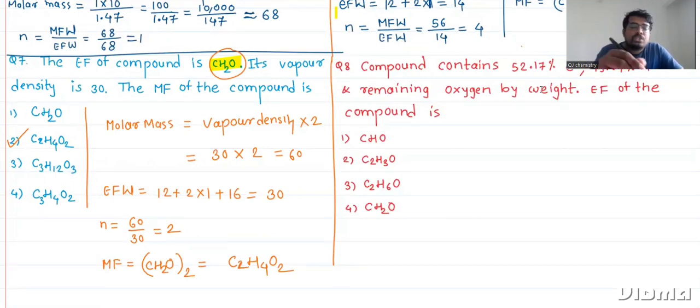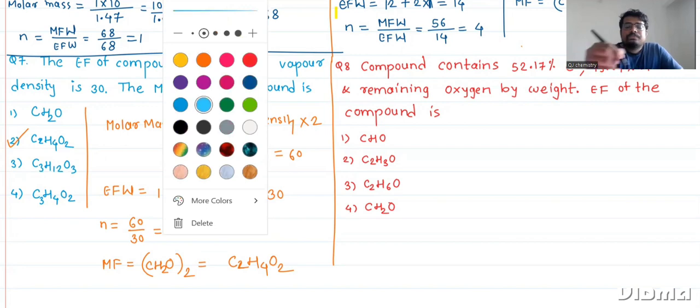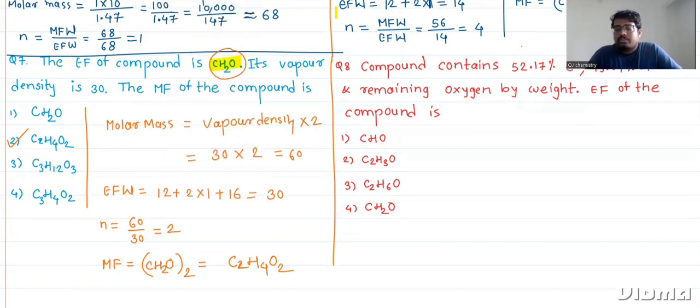Okay, so in this question, percentages are given to us. Now if the percentages are given, then let us consider the total percentage. First check whether the sum of the percentages of the constituent particles is 100 or not. If it is not, then make it 100%, that remaining percentage belongs to the oxygen atom, right?